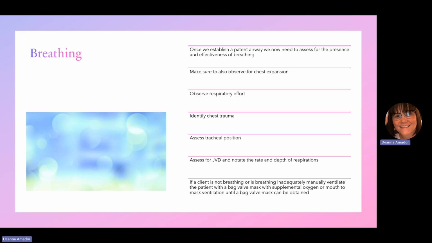It says if the patient is not breathing or breathing inadequately, then we would manually ventilate the patient. And I already kind of talked about that with a bag valve mask and supplemental oxygen until we can get some type of airway so that they're able to breathe.